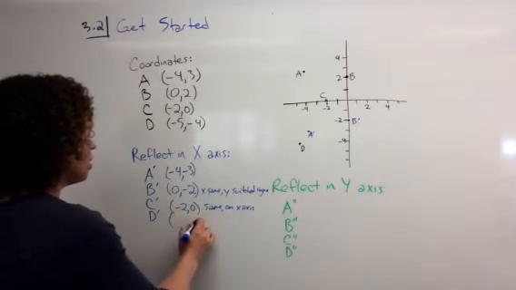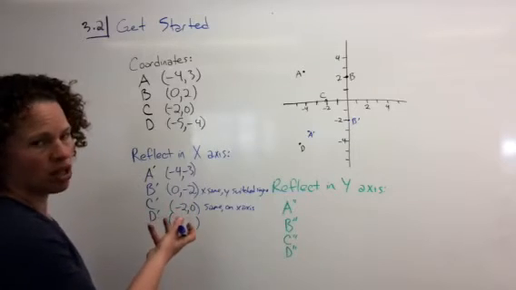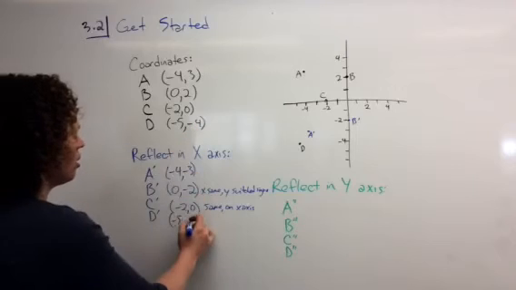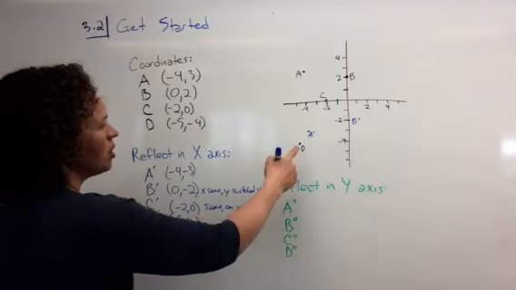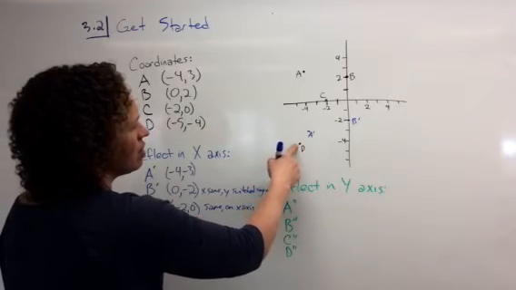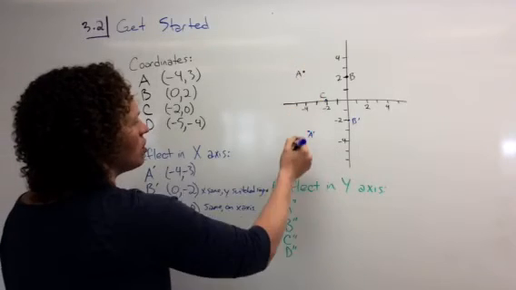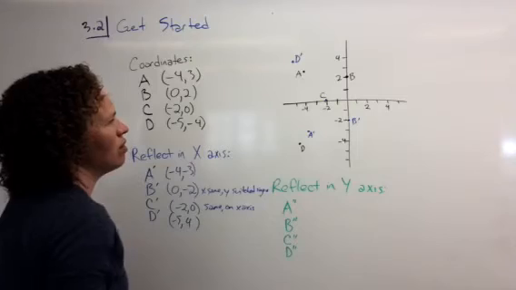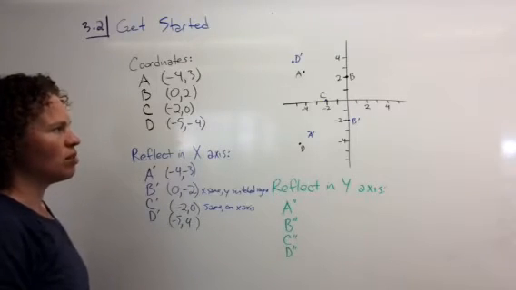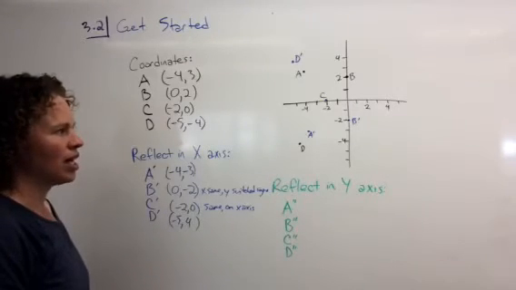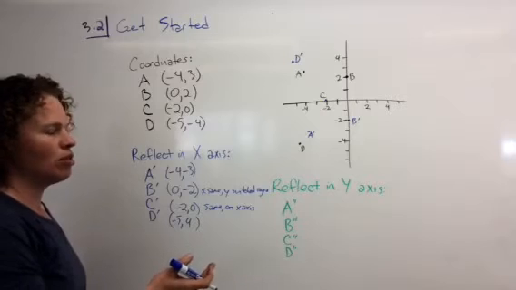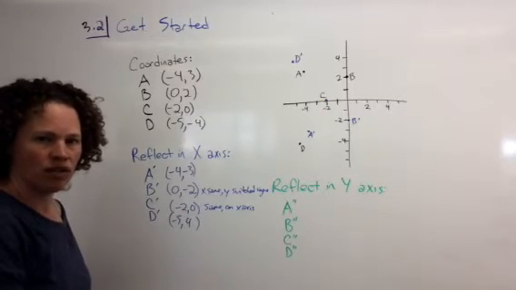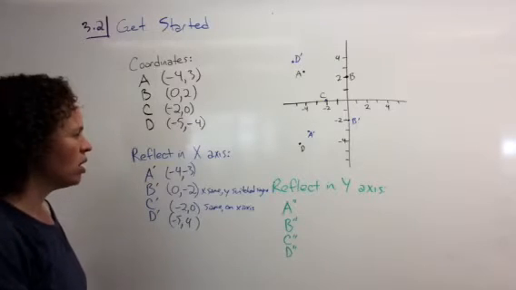We can assume then that D will probably do the same thing, and we could even predict that D will stay at -5 and become +4, and when we look at the graph, it is indeed going to flip up here to become -5 and +4. So you can kind of see how that works. When it says reflected over the x-axis, you're actually going to be flipping the y value as to whether it's positive or negative. The x value is going to stay the same.